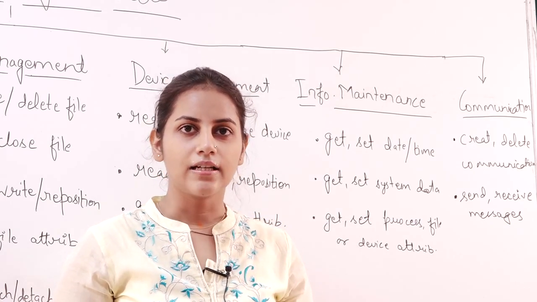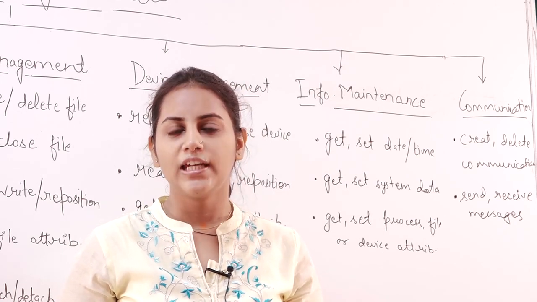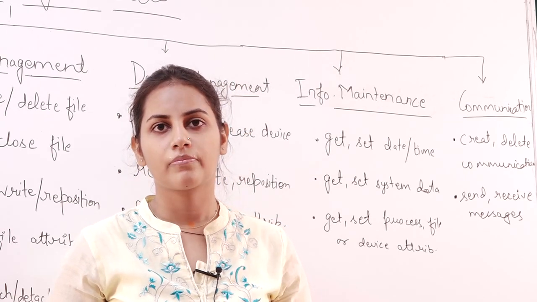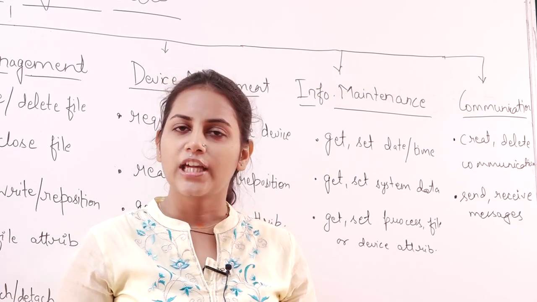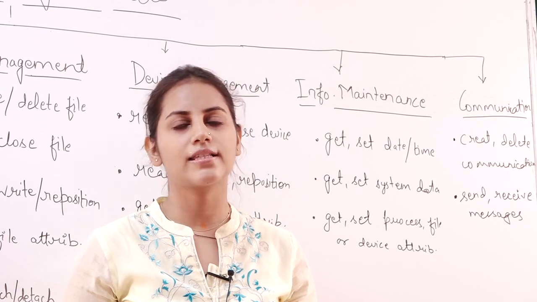In message passing, the two processes or the two computers communicate with each other by sending and receiving messages. For doing these types of tasks, a communication link needs to be established between communicating processes.